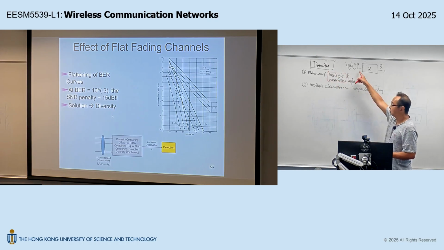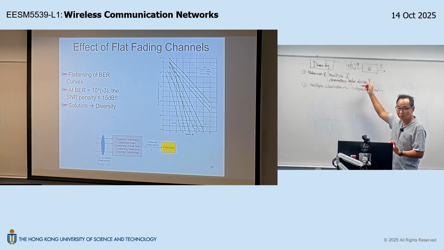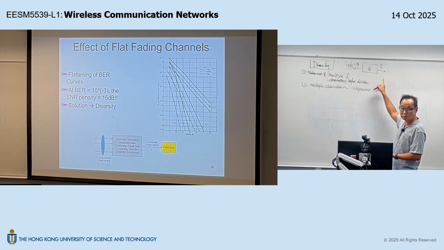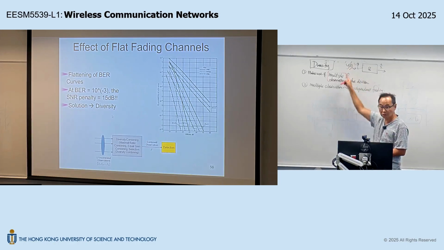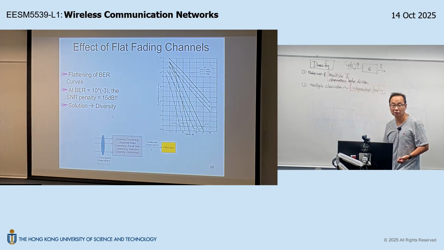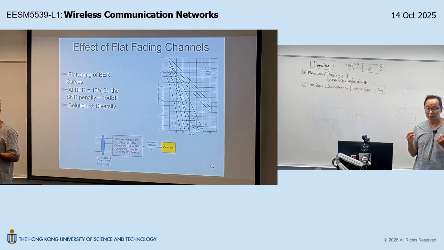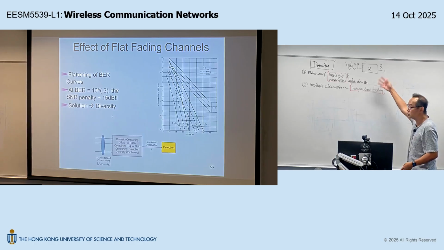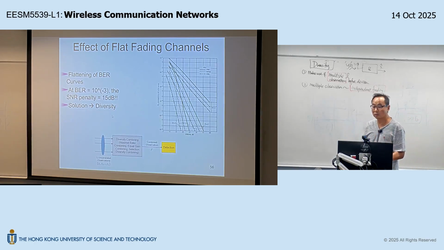That means at the input of the receiver, you need to have multiple observations available, and you need to make use of them in your decision-making process before making a decision. Second, you need to make sure that these multiple observations suffer from independent fading. Once you have these two conditions, then we say that you are exploiting diversity.